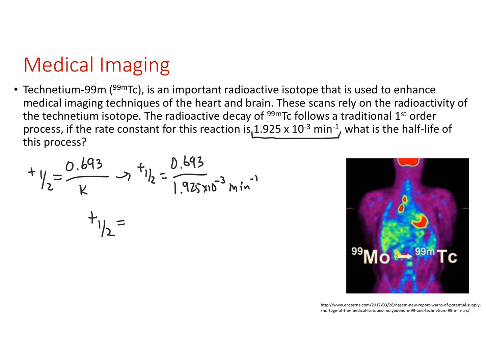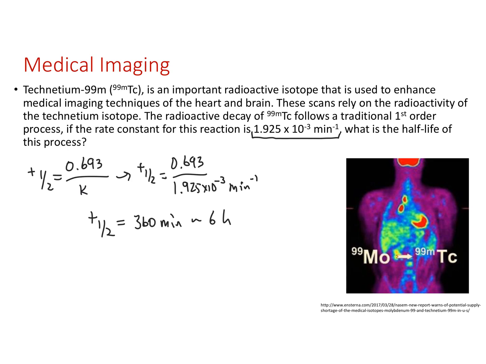This gives me a half-life of approximately 360 minutes, about 6 hours. And this makes sense because for medical imaging, you want to have a decent amount of half-life for this component so that you can administer it, it can spread throughout your body, you have time to do the imaging before this breaks down completely.